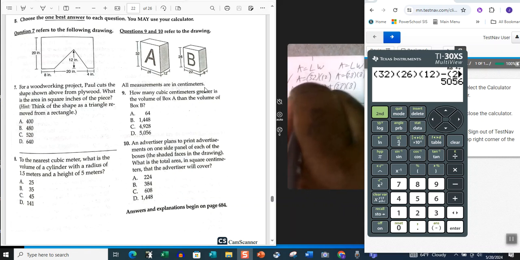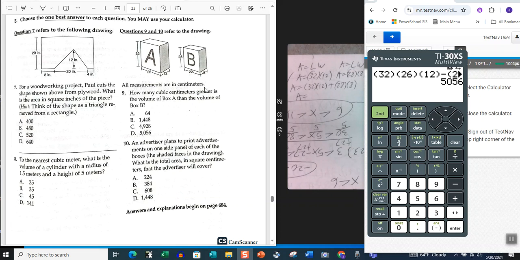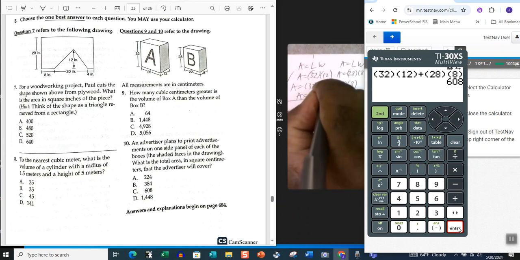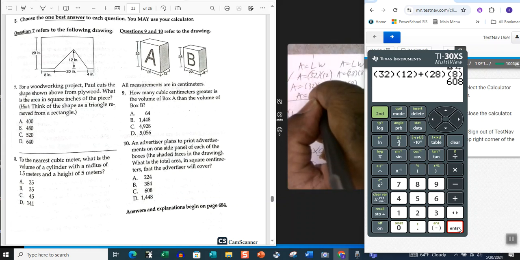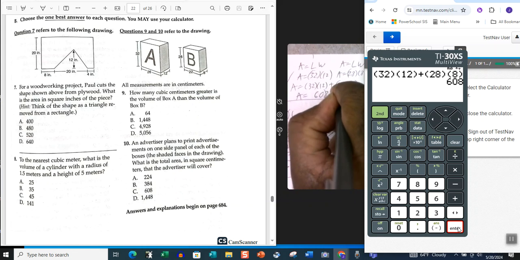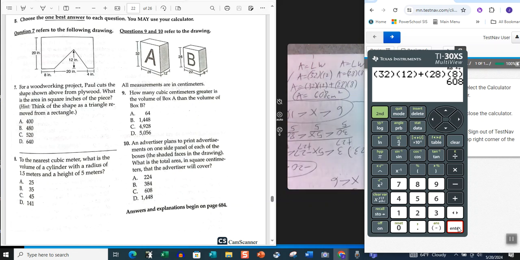We'll put that in our calculator: 32 times 12 plus 28 times 8. That gives us 608, and that'll be 608 square centimeters. And that will be it for problem number 10.